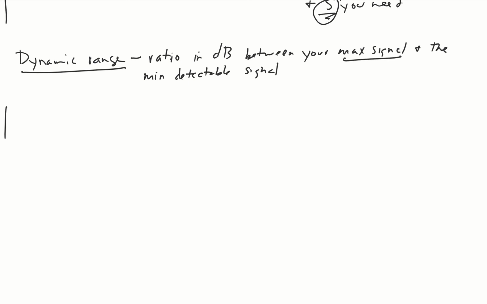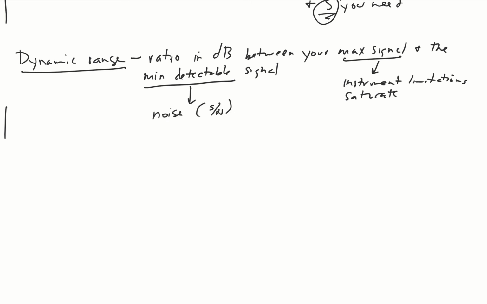So your max signal is going to be related to your instrument limitations. Like how much can you detect before you saturate your detector? And then the minimum detectable signal, and why this is related to noise, is where your signal to noise ratio, where you can still detect that signal.